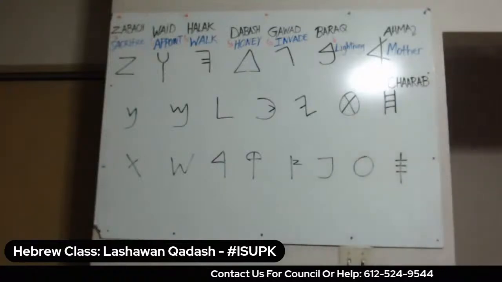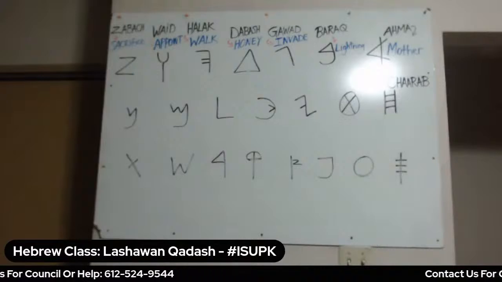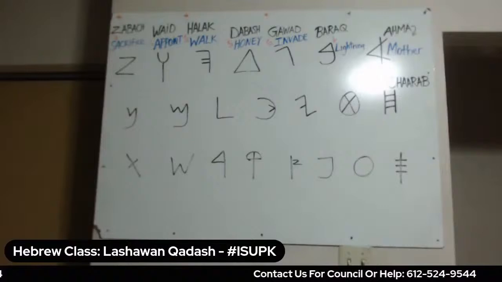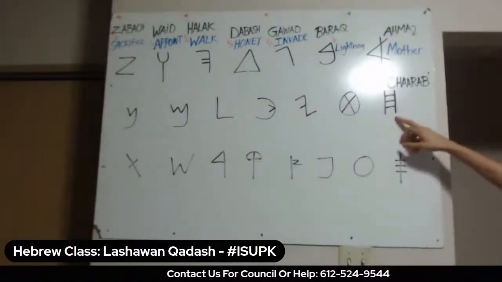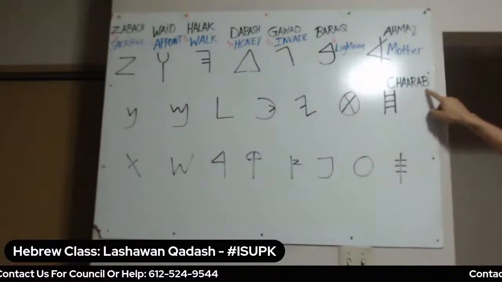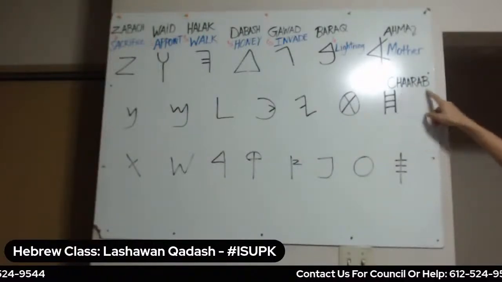The Hebrew word is karab. Karab. All right? You got the keyword right here, ka and rab, the ra and the ba, karab.